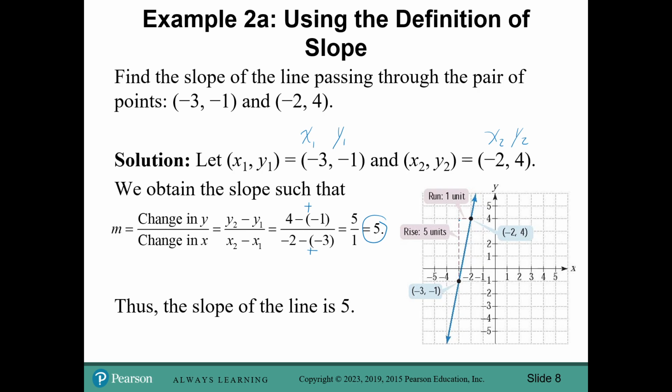I have to rise 5 points to get on plane with this other point. And then I have to count 1 over to get there. So this tells us our rise is 5 units. Our run is 1 unit, the same thing that we got here before we simplified in the last step. Therefore, 5 over 1 is 5. So we could technically find the slope from the graph picture or from the points from the graph.